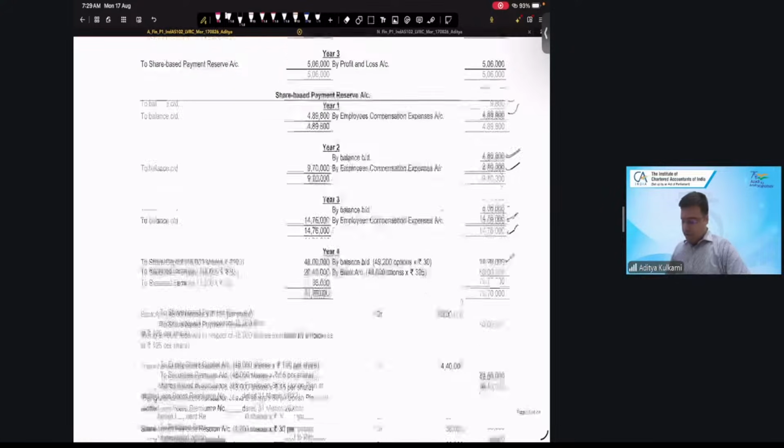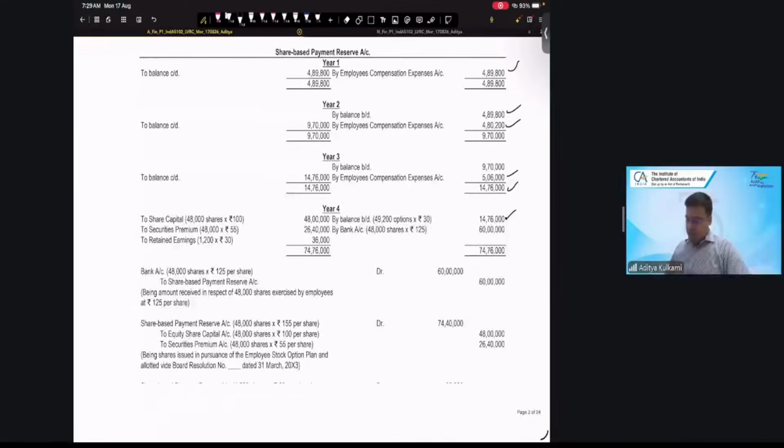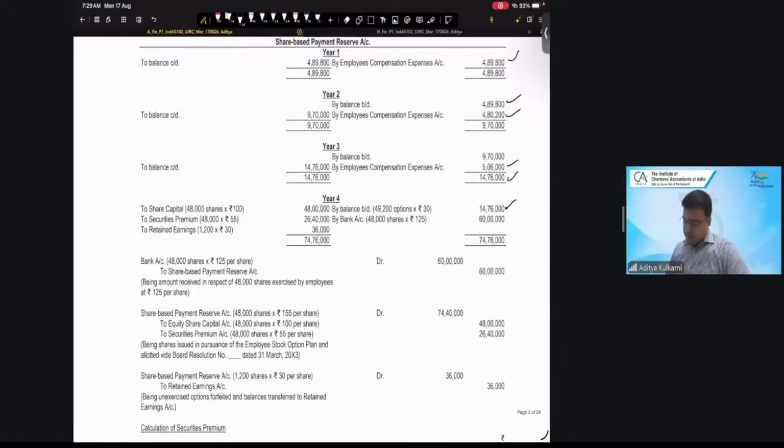So what is the entry that will be passed? The entry that will be passed first is bank account debit 48,000 shares, 480 into 100 into 125, 60 lakhs. For the time being, you park it in SBP reserve 60 lakhs, being amount received in respect of 48,000 shares at 125 per share. This is the first entry. So by bank 60 lakhs.